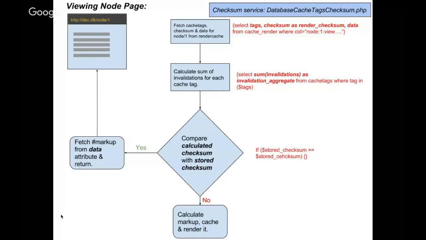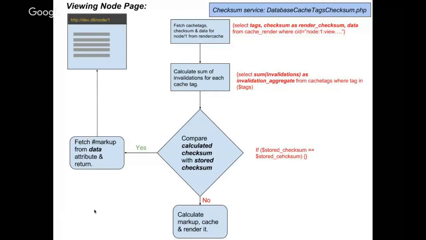The next step Drupal would do is it'll compare the calculated checksum value with the checksum value that was stored in the database. If they match, it means that the cache is still valid. If they don't, then it means that the cache is invalidated. Now, we didn't actually get to where the invalidation happens. The invalidation happens whenever you edit a node.